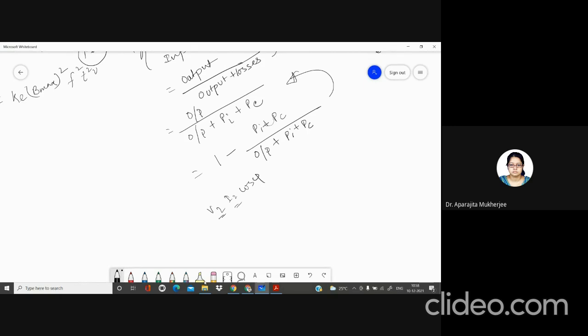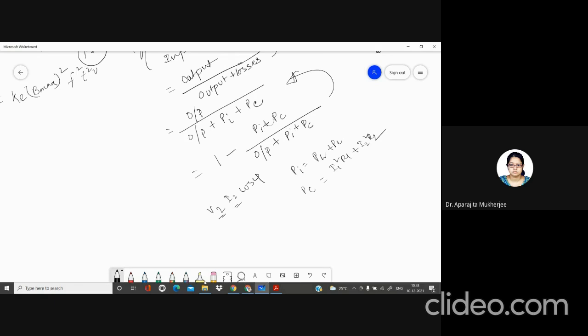Pi equals PH plus PE, and PC equals I1 square R1 plus I2 square R2. So this is the transformer efficiency.